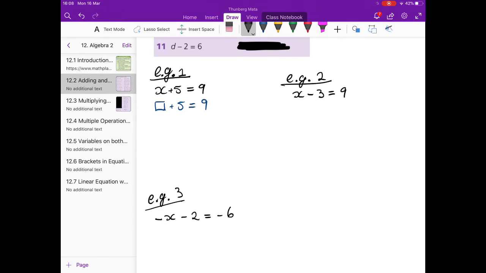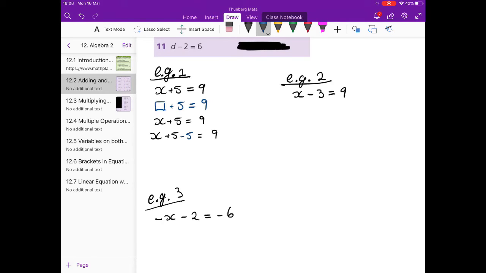So we have x plus 5 is equal to 9. Well, if I want to only have x's on the left-hand side of this equation, and I only want to have numbers on the right-hand side, I need to think about what I have so far. Right now I have an x plus a 5 is equal to 9, and I don't want to have that 5 there.